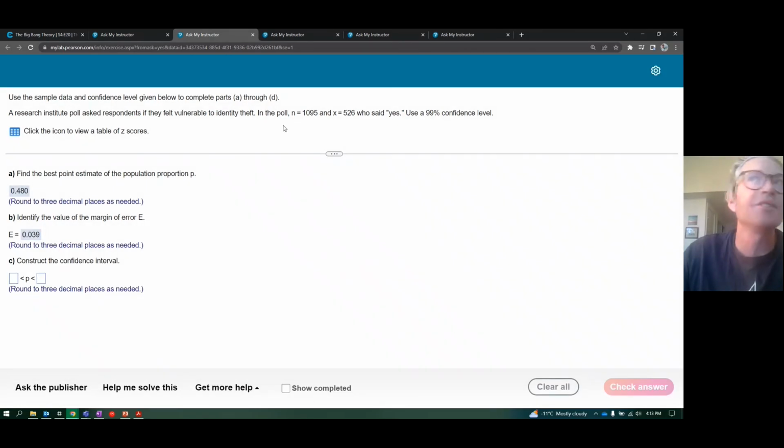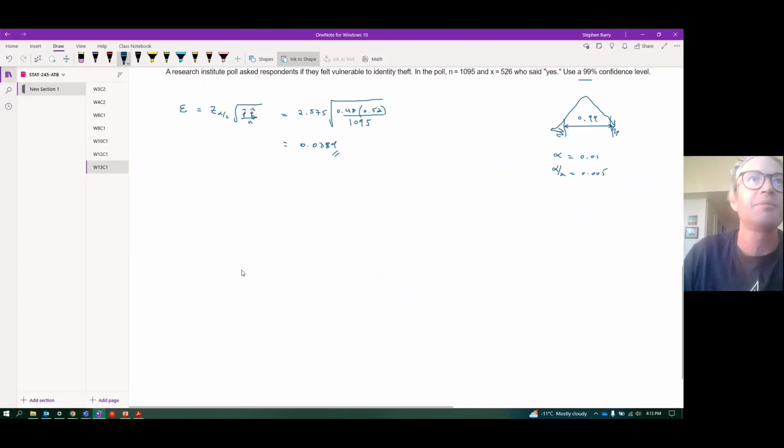What is the confidence interval? So we just keep going here, right? So if I have the error, we've done the hard part, right? For the confidence interval, it's the point estimate plus or minus the error. So the point estimate of 0.48 plus or minus 0.0389.